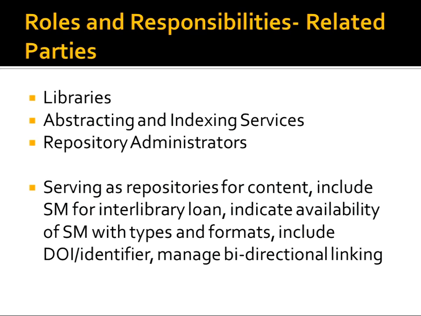Also, it's important to indicate availability of supplemental materials, the type of supplemental materials that are available, and the formats that they're in, especially for the A&I services. There was an interesting case that we found out. Sometimes it's on the publisher's side to push all of that metadata to the A&I service, but sometimes the A&I services don't necessarily have a field for supplemental materials available, so there's no way that they can show it.